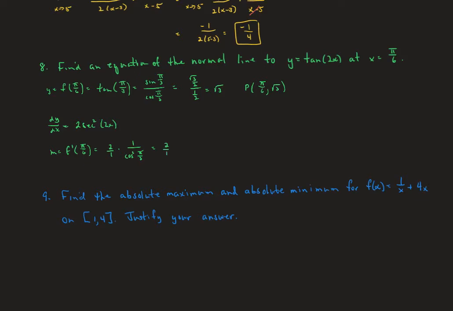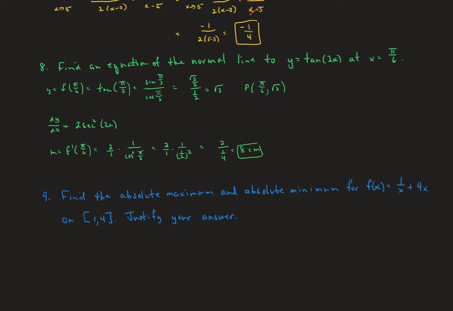So that's 2 times, and the cosine of pi over 3 is 1/2, and we're going to square that. So that's 2 over 1/4, and multiplying by the reciprocal makes that an 8. So the slope of our tangent line is 8.